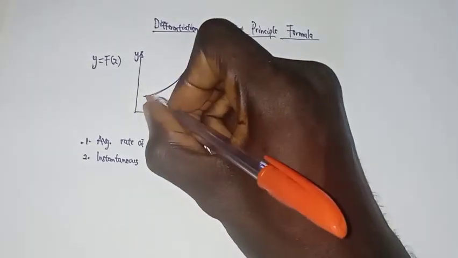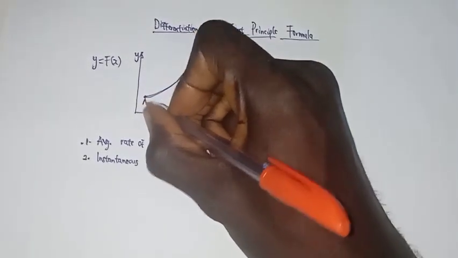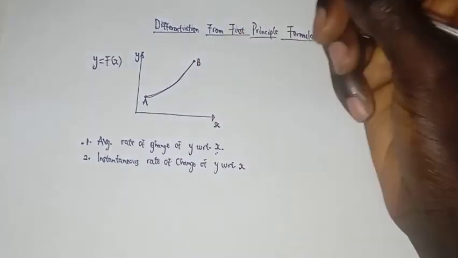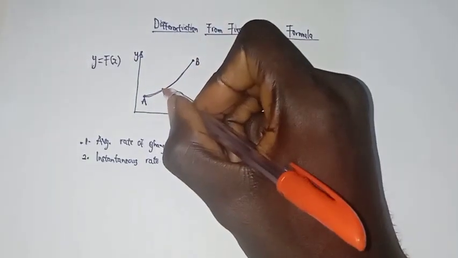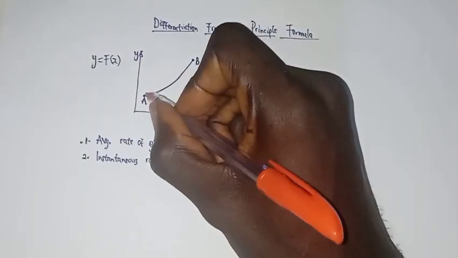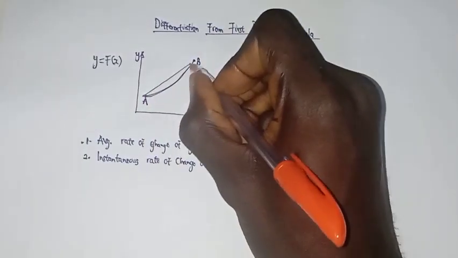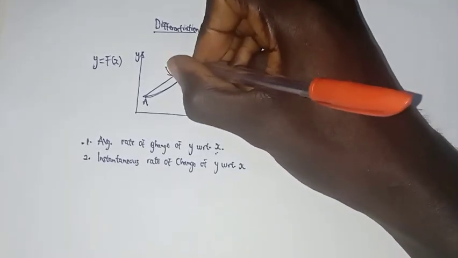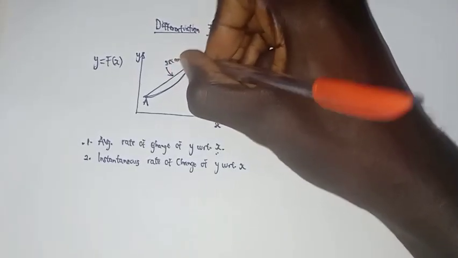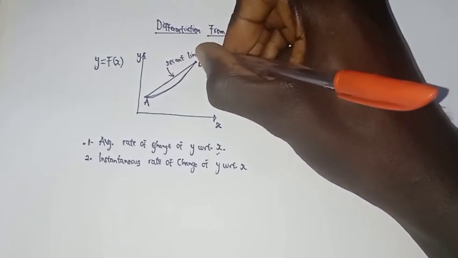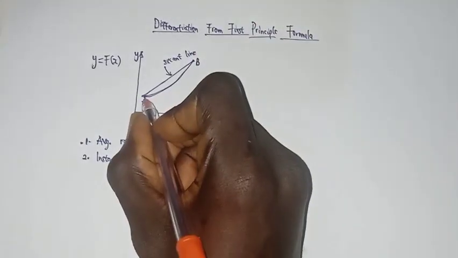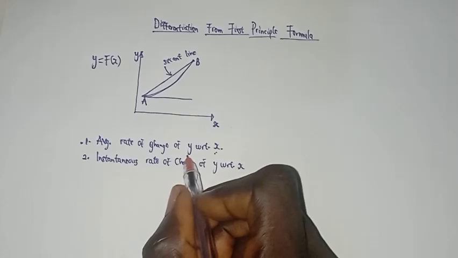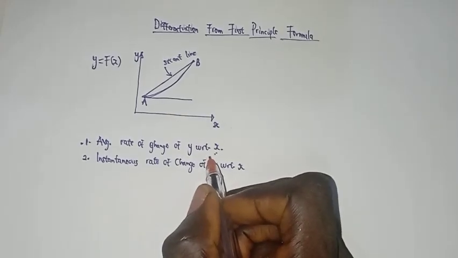So let's call this point A, and let's call this point B. A line connecting A and B is a secant line, right? And now we have another point, because we're trying to get the average rate of change of y with respect to x first of all.